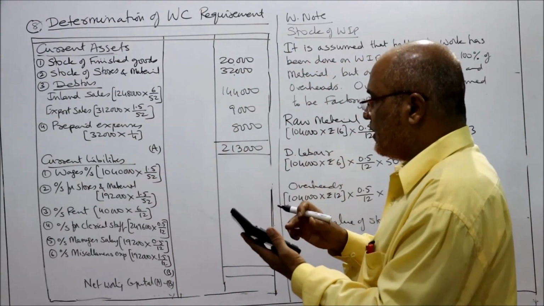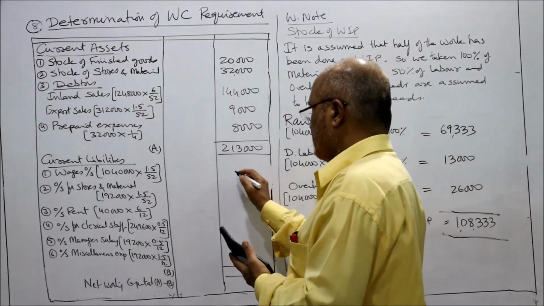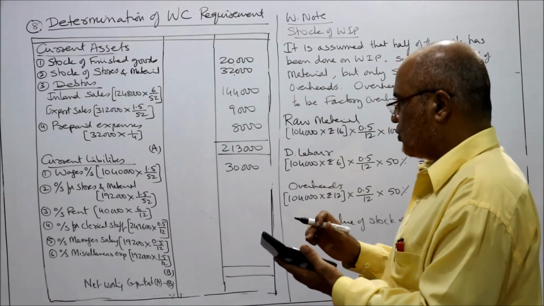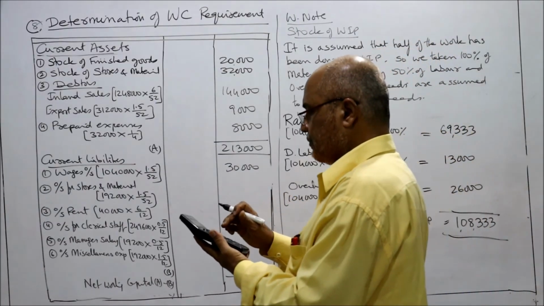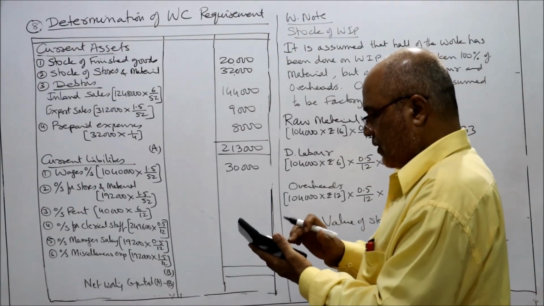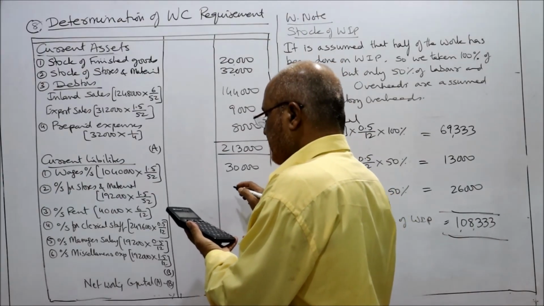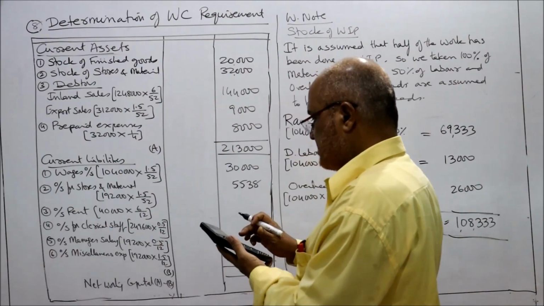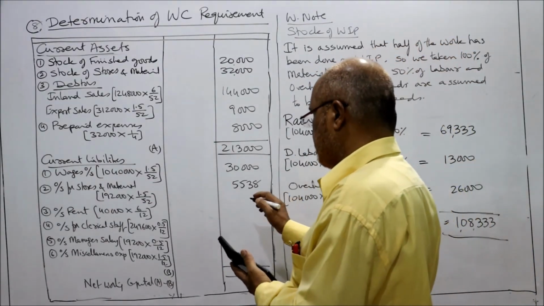Now we'll take this one: 10,40,000 into 1.5 divided by 52, 30,000. Here it is 1,92,000 into 1.5 divided by 52, 5,538. Similarly, 40,000 into 6 divided by 12, 20,000.